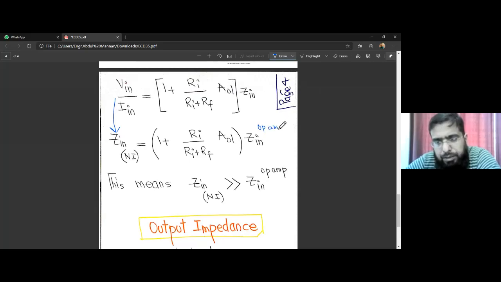It's a parameter of the op-amp, for open loop. This open loop impedance is already very large.